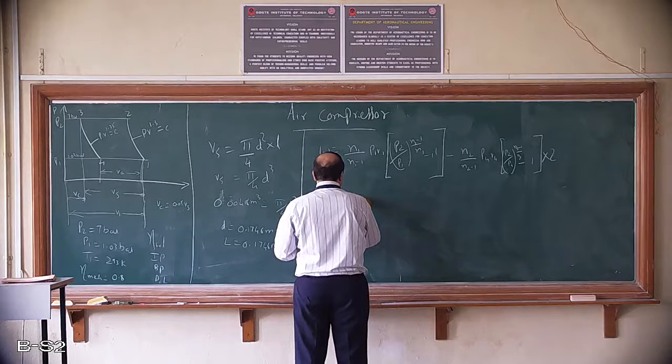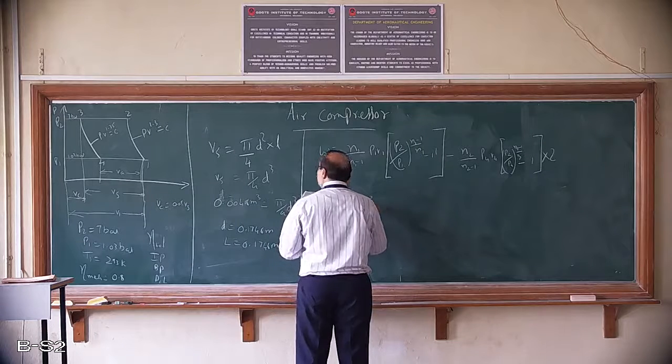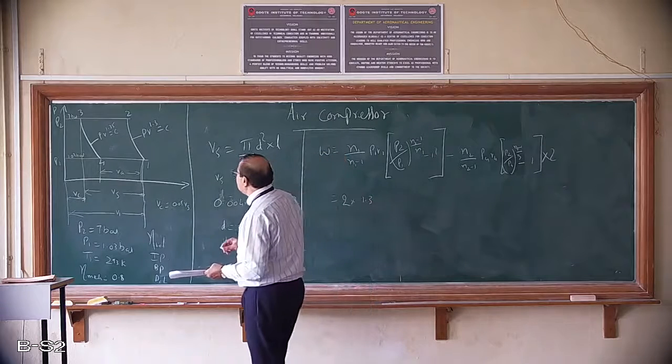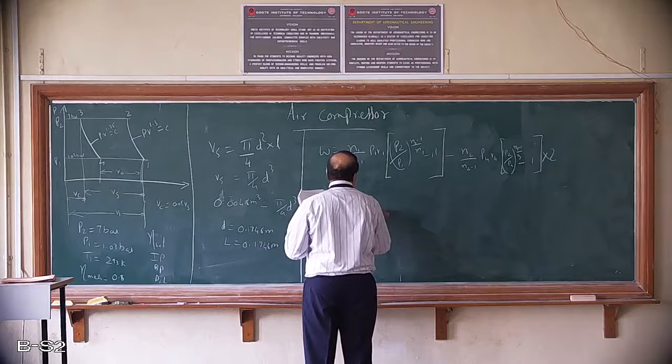So this 2 into N1 is 1.3. So 1.3 by 1.3 minus 1.